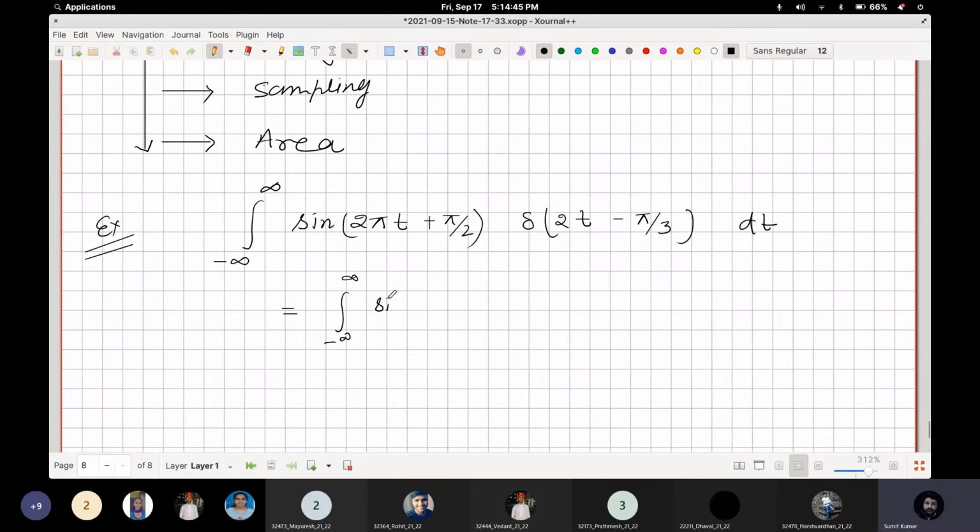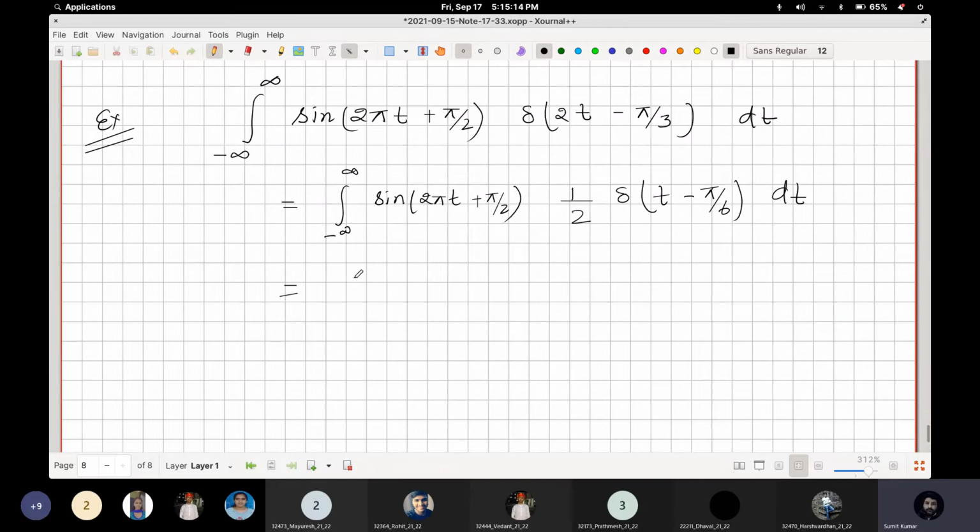So let me write this function as it is, sine 2 pi t plus pi by 2, and here I will take this 2 outside, so I will be getting 1 upon 2 delta of t, and when I am taking 2 outside, 2 will come from here also, isn't it? So you will be having pi by 6. Are you getting my point? Is this clear?